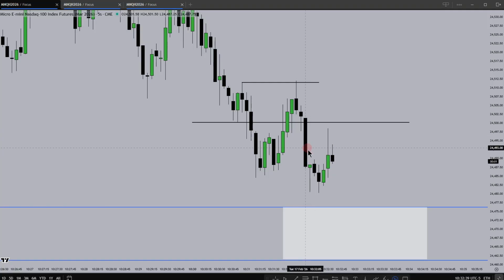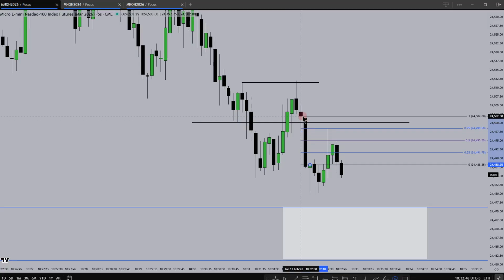The midpoint of this lower time frame inefficiency. Closed at it by visually looking at it. Closed above it. We have to include the volume balance.